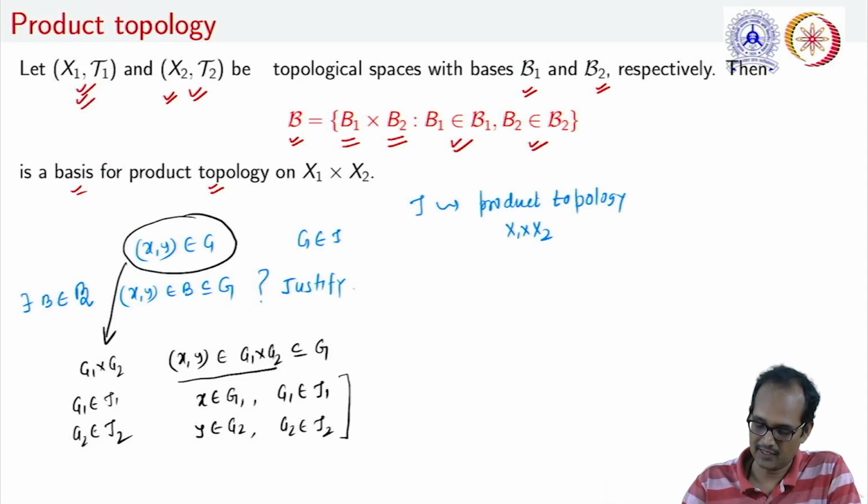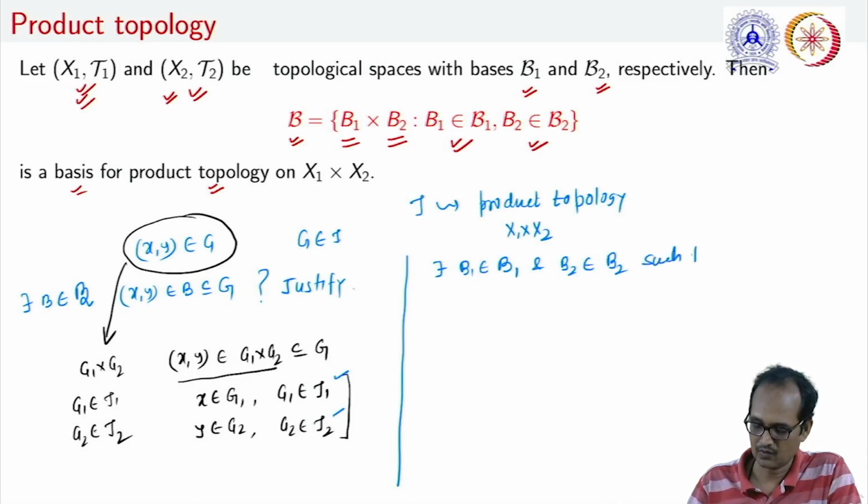But we already have bases for tau 1 and tau 2. From there, we can conclude that there exists B1 in the basis for topology tau 1 and B2 in the basis for topology tau 2 such that x belongs to B1, which is a subset of G1, and y belongs to B2, which is a subset of G2.